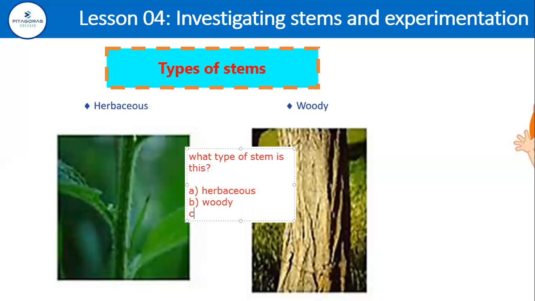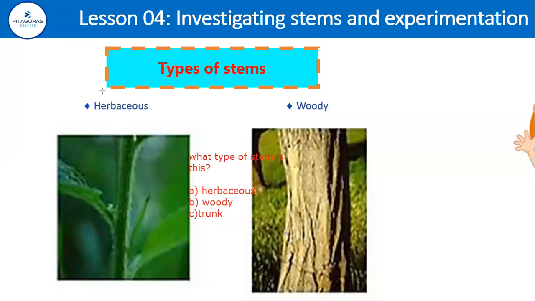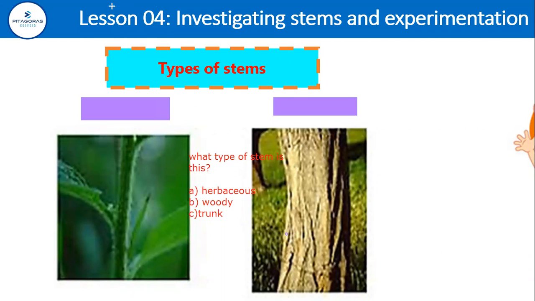Or letter C, it's a trunk. What could it be? So we are going to cover this one and answer it. What type of stem is this? Is this herbaceous, woody, or trunk? Letter A, B, or C, according to this picture.